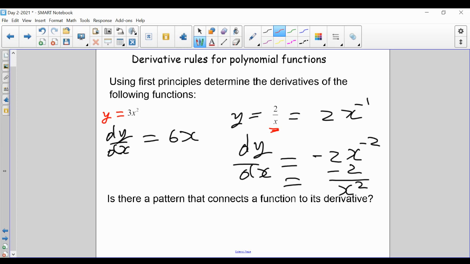And all I did as well, Ariana, is instead of calling it minus 2x to the minus 2, I left the minus 2 on top and put x to the power of positive 2 on the bottom. Remember that x to the minus 2 means the same thing as 1 over x squared. And that's why I can write it as minus 2 over x squared. Does that help a little bit?